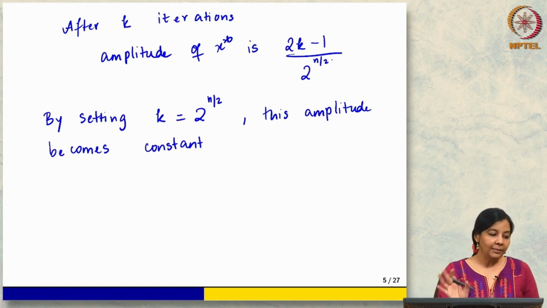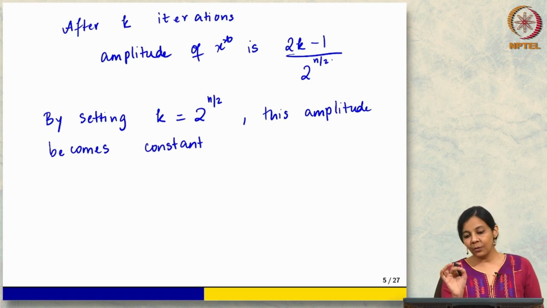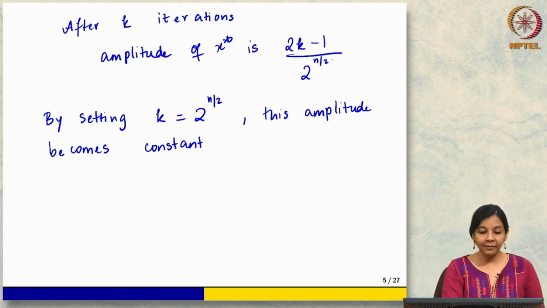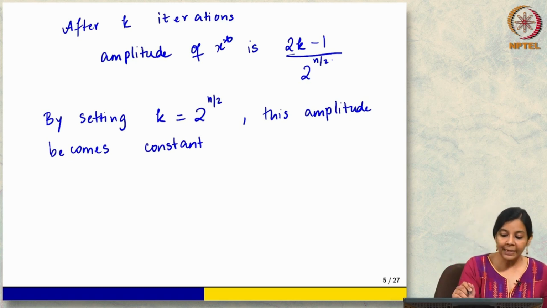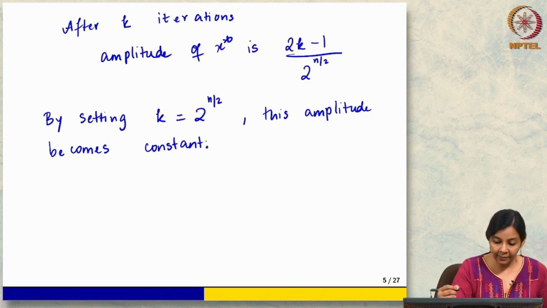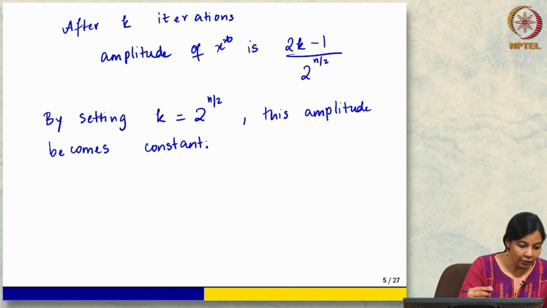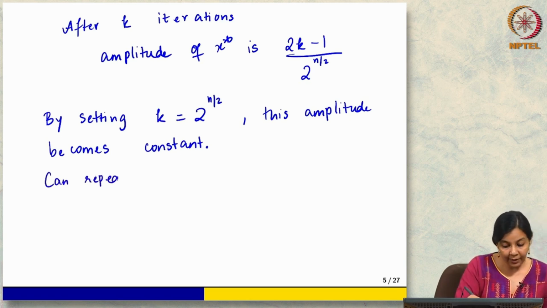Now, there are many things which we have to work out. Okay, so we will do a careful analysis. Let me just complete this sort of high level description and then we will go to that. So, yes, this amplitude becomes constant, and I can repeat to amplify this probability.